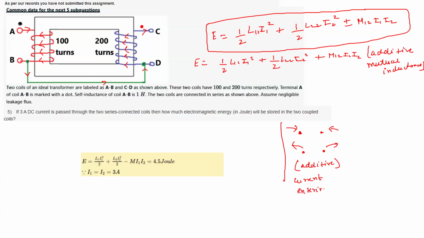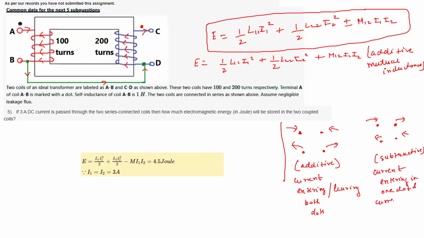If current is entering in one dot and leaving in the other dot, then it becomes subtractive.